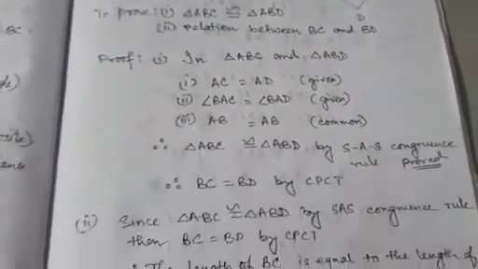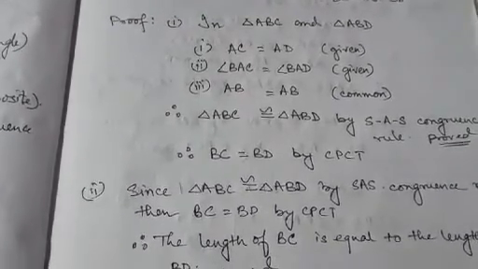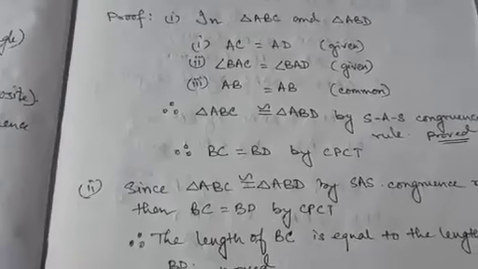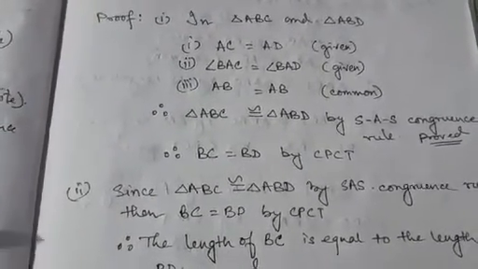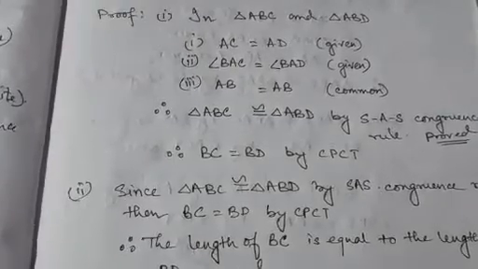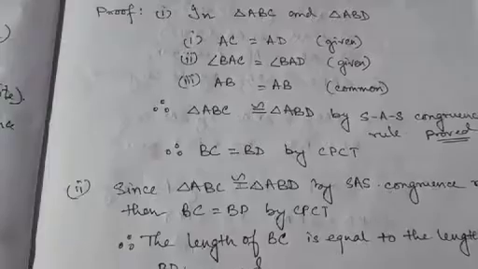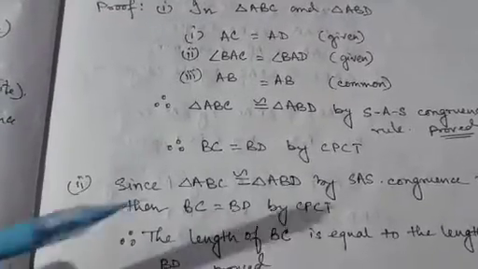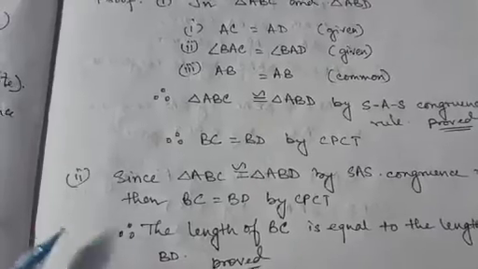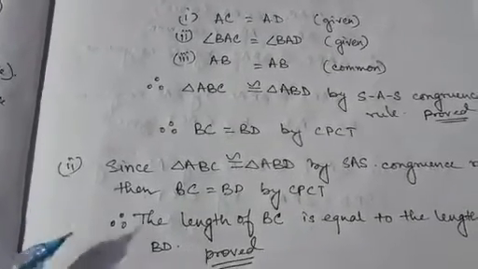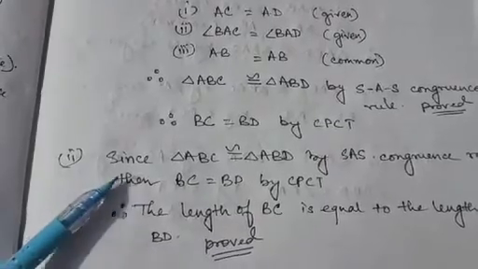Next, it is asked the relation between BC and BD. Since the triangles are congruent, we can say all the sides and all the angles are equal by CPCT. CPCT stands for corresponding parts of congruent triangles. So therefore, BC is equal to BD. To write the second part of the answer, you should write like this.